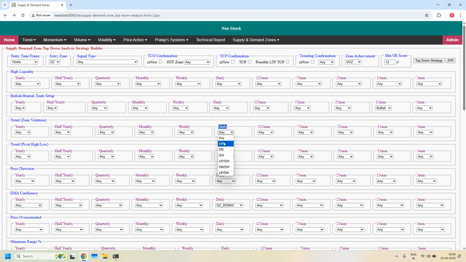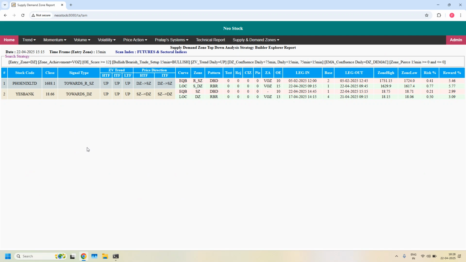It should be an uptrend because it is a bullish trade setup. Let's filter. We got the same 2 stocks. I think one more stock we got as Bajaj Finance Industries previously filtered. So these 2 15 minutes demand zones might have a higher probability of success.